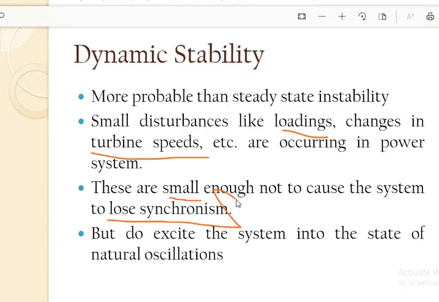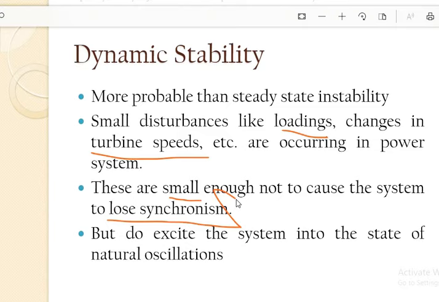The system is capable of bringing your machine back to synchronous speed, because it is not a very large disturbance. The machine will not move out of synchronism, but still there will be small variation in the speed.